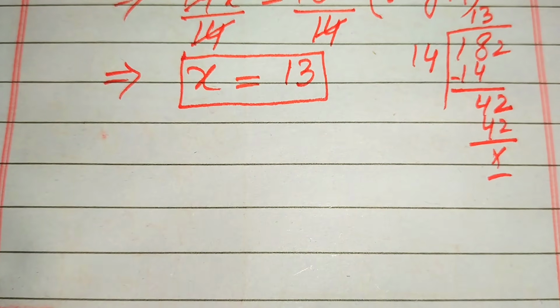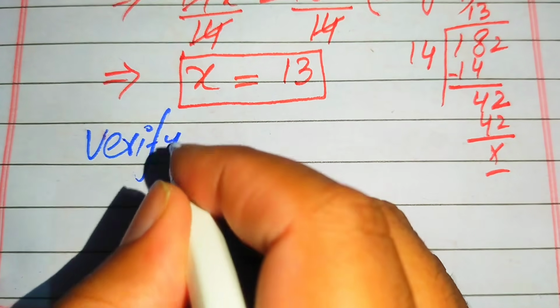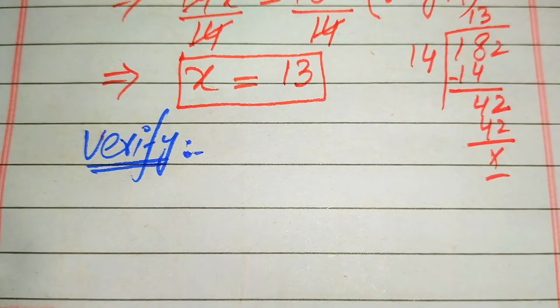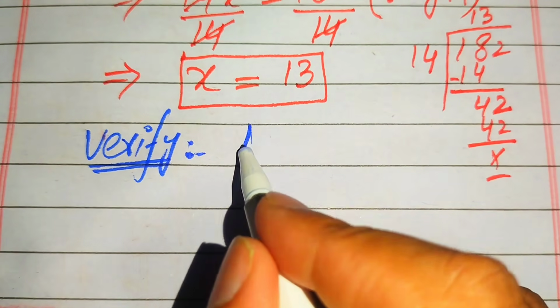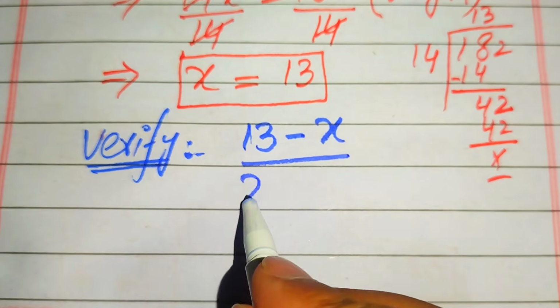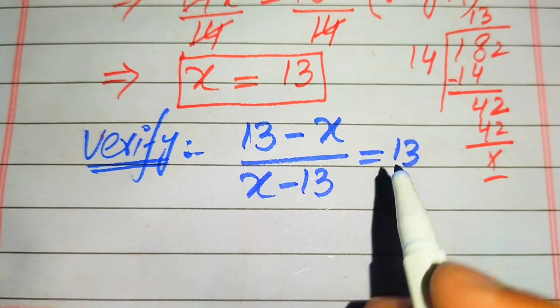And now in the next step we need to verify whether this value of x is a solution or an extraneous root. So for verification, we need to copy down the given question statement. Here it is (13 minus x) divided by (x minus 13) is equal to 13.